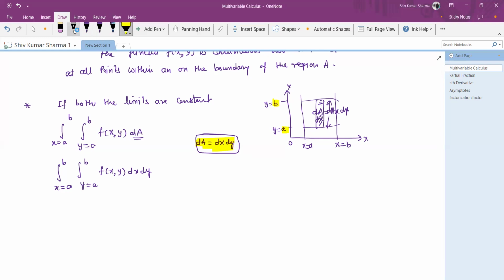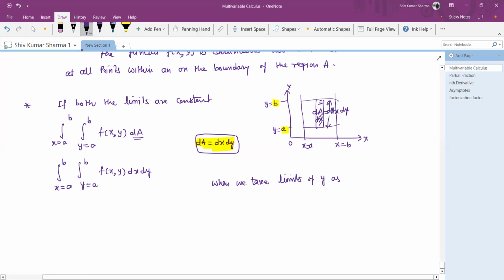When we take the limits of y as c to d, this can be written as the integral x equal to a to b and y from c to d of f(x,y) dx dy.